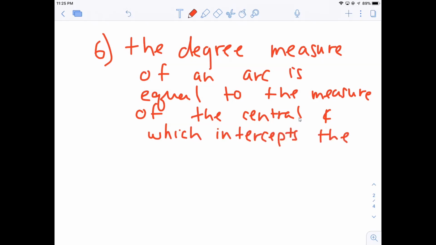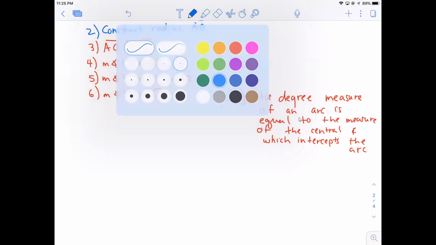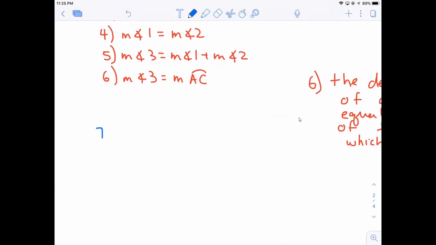I think I wrote it kind of wordy, but just something with that idea. I'm sure you can shorten it down if you tried. But that arc is going to equal the measure of the central angle which intercepts that arc.